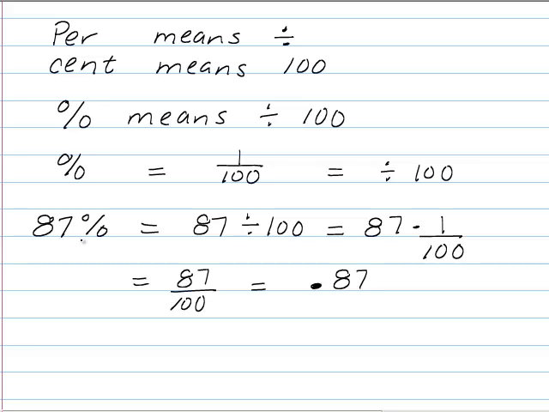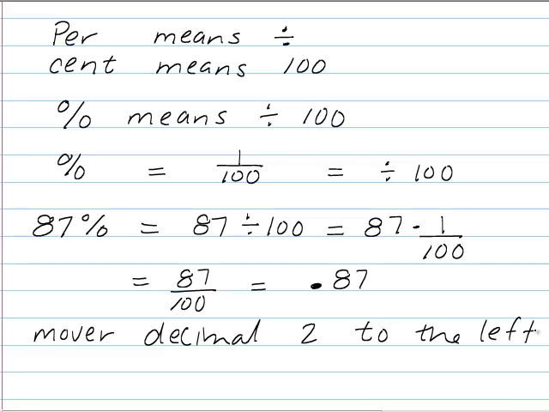So effectively, what we have done by removing the percent sign is to move our decimal 2 places to the left. Again, that's division by 100. We move the decimal 2 places to the left, because we're dividing by 100, and 100 has 2 zeros, so 2 places to the left, because it's getting smaller and we're dividing.